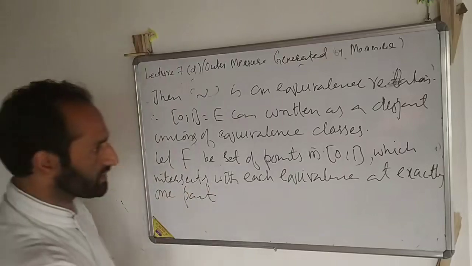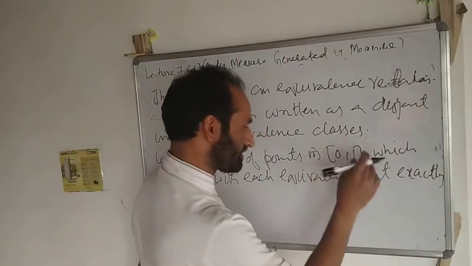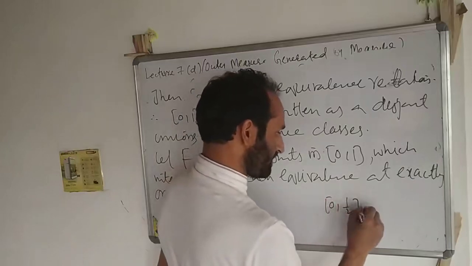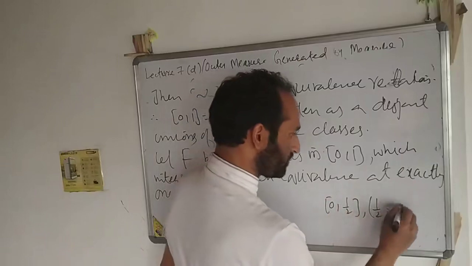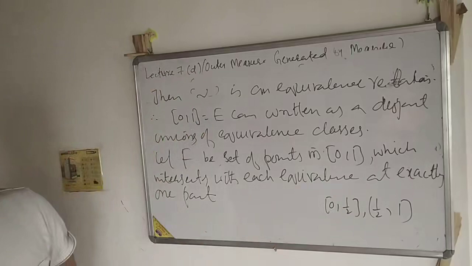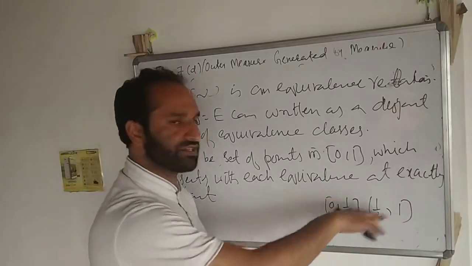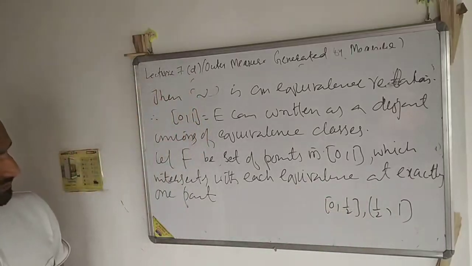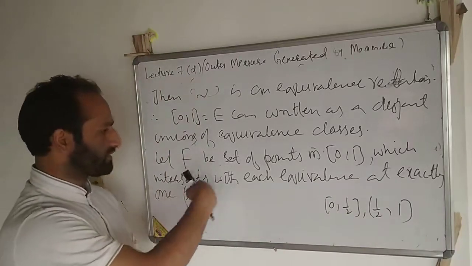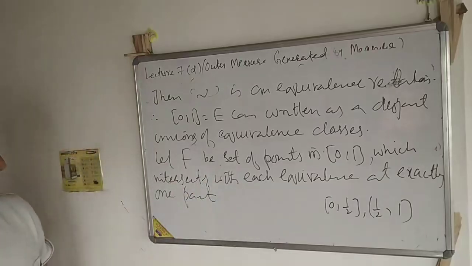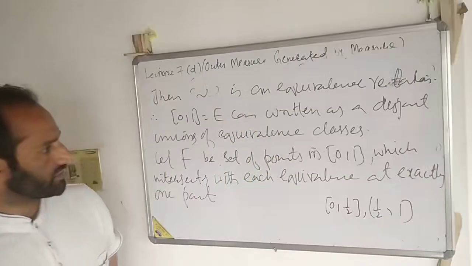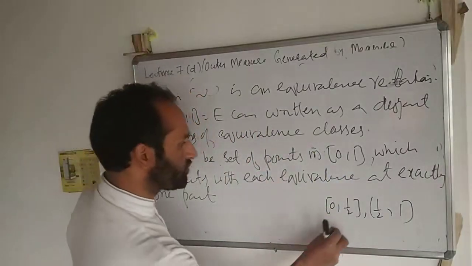I will explain it. Suppose we have two equivalence classes for some set, say for [0, 1]. One is [0, 1/2), and the second is [1/2, 1]. Actually you cannot have only these two equivalence classes here, but to clear this idea of selecting one point from each equivalence class, suppose these two are the equivalence classes of the set [0, 1]. Then I choose one point from each.